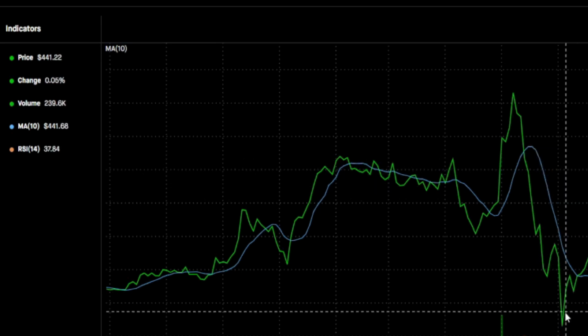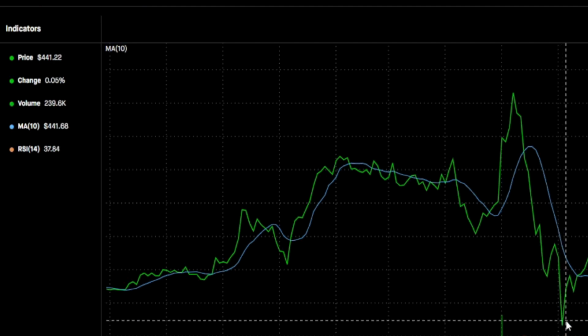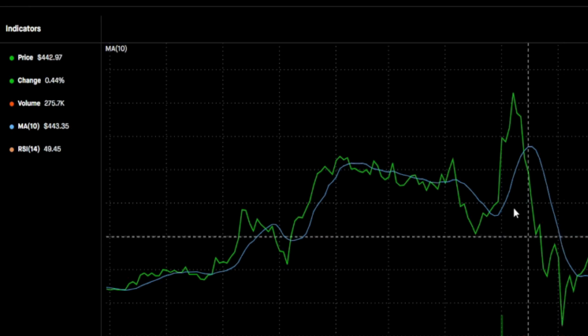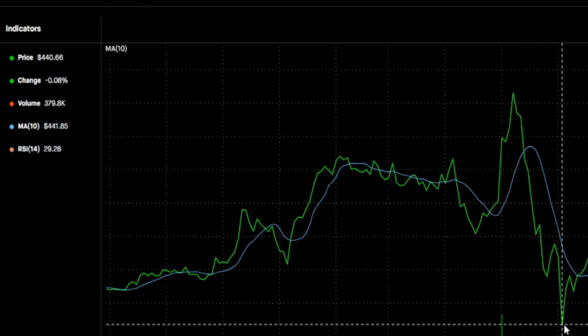Once it was at its lowest for today, which was $440, the volume increased to 379k. So people are studying when it's at its peak and when it's at its lowest to enter into the market.